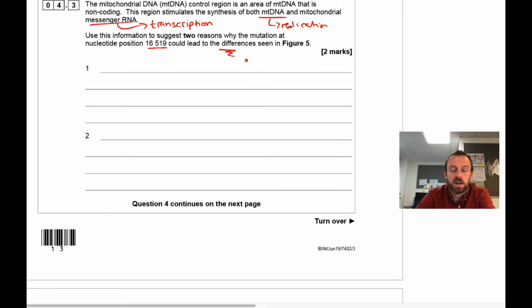I suppose it could also affect the frequency of mitochondrial DNA replication, such that maybe the mitochondria could potentially have 2 or even 3 copies of its mitochondrial DNA within one mitochondria, which also could affect the level of the proteins produced by those genes. Can I think of any other ones?